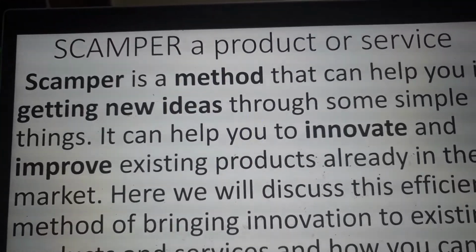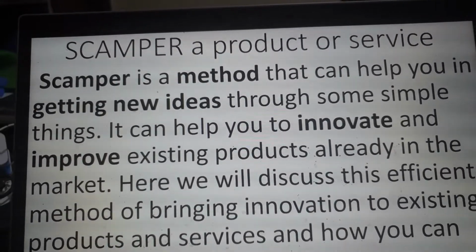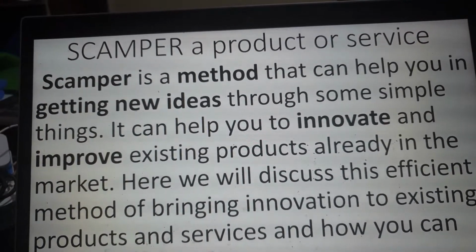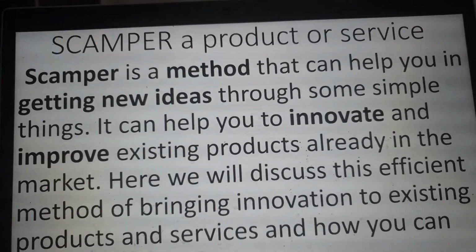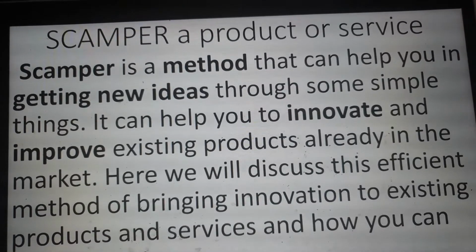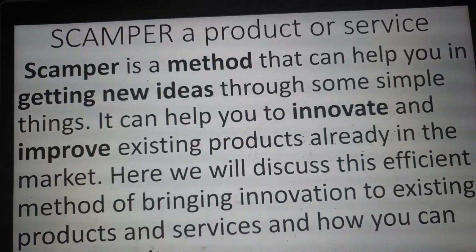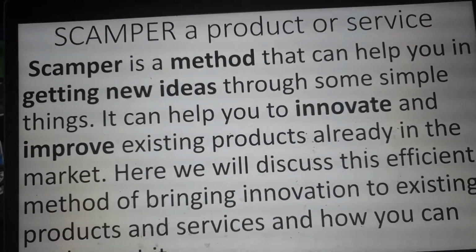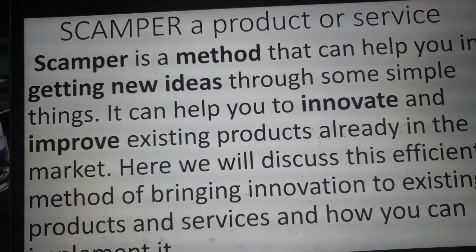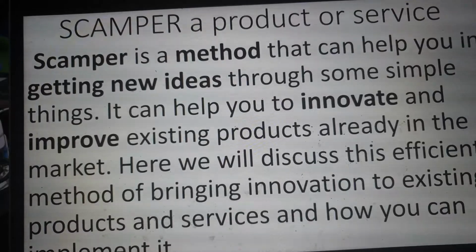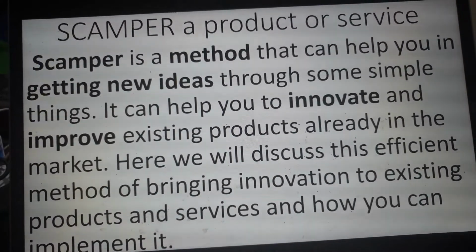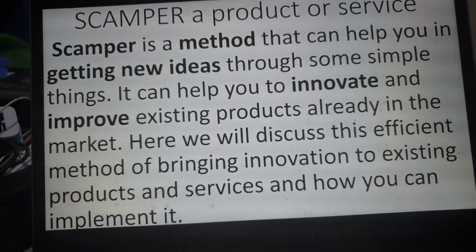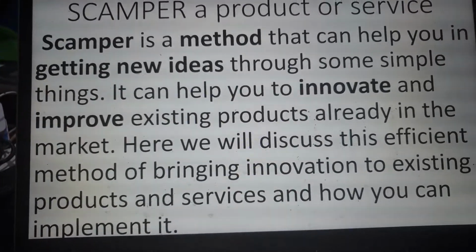Scamper is a method that can help you in getting new ideas through some simple things. It can help you to innovate and improve existing products already in the market. Here, we will discuss this efficient method of bringing innovation to existing products and services and how you can implement it.